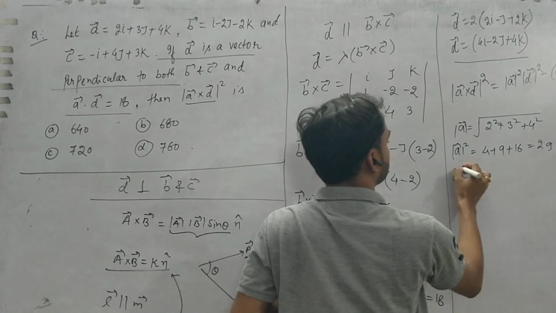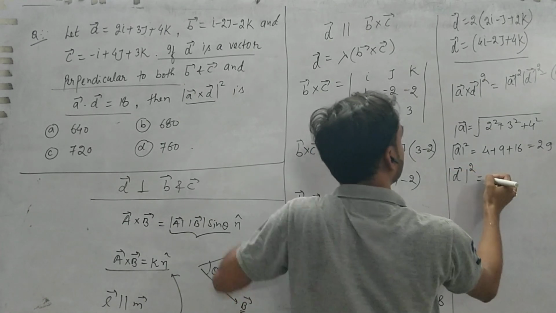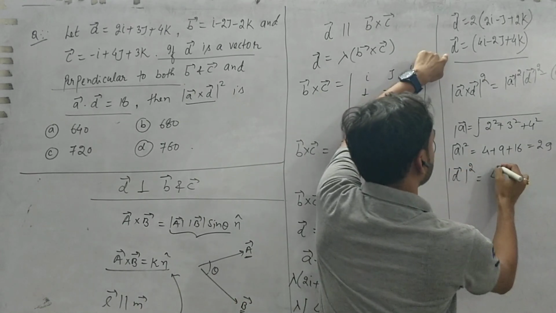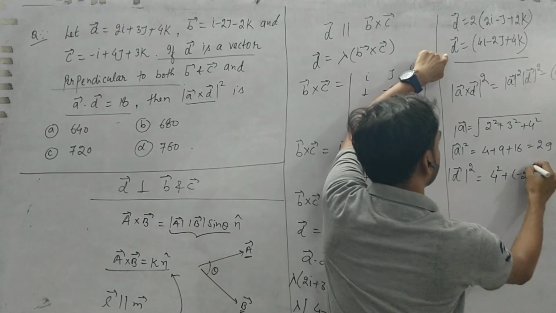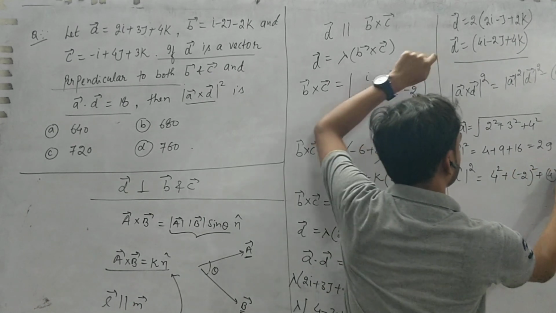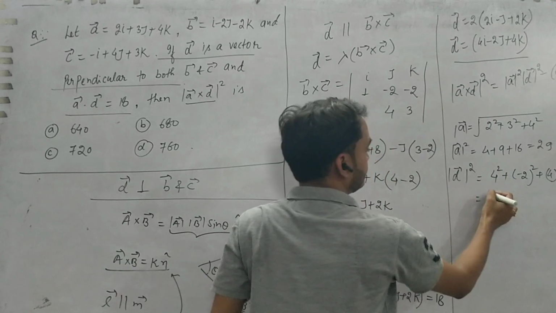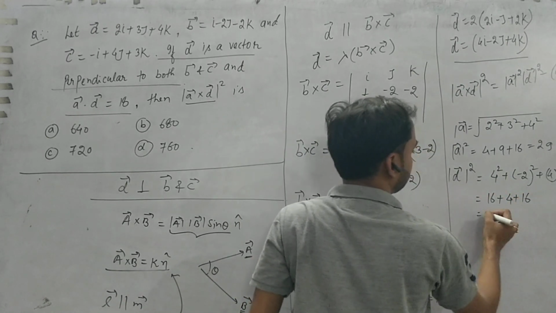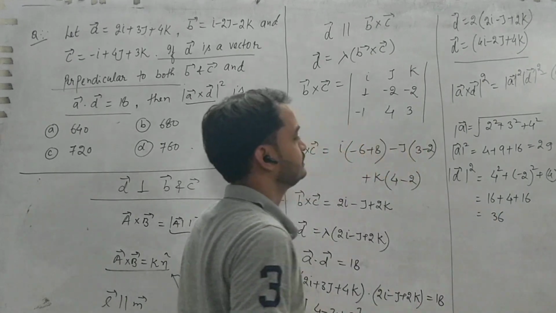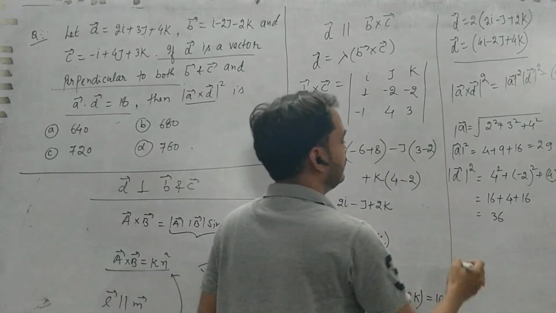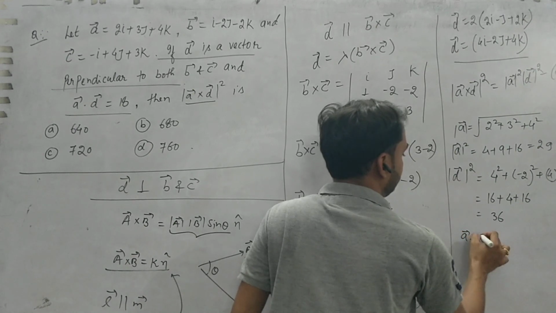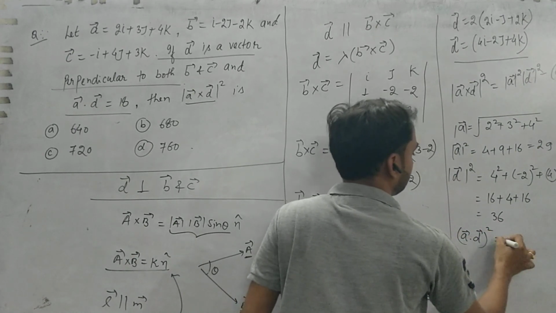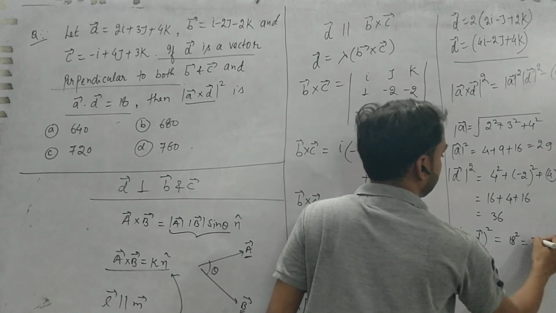So D vector square is equal to 4 square plus (minus 2) square plus 4 square. So this will be equal to 16 plus 4 plus 16, that is 36. This is the square of D vector. And A dot D vector square we already know, that is 18 square, that is 324.